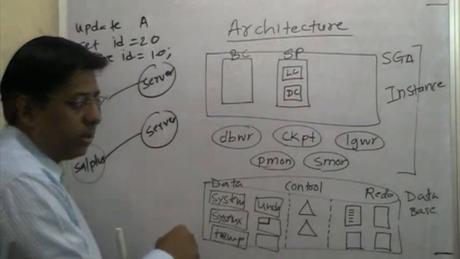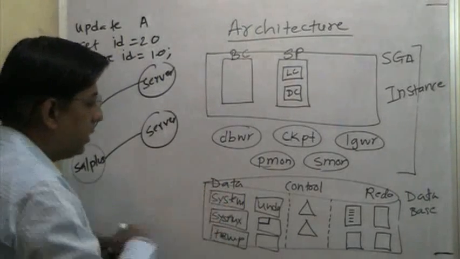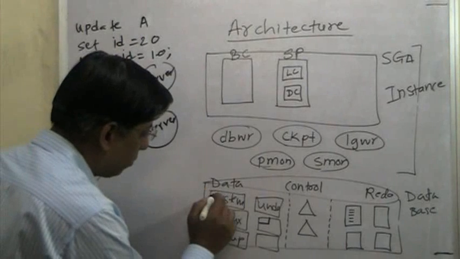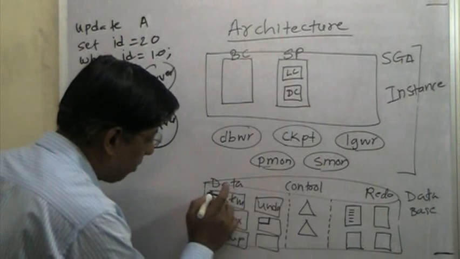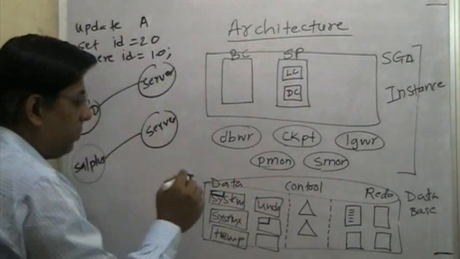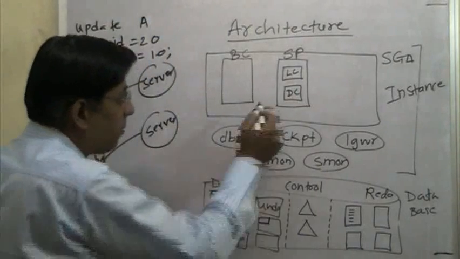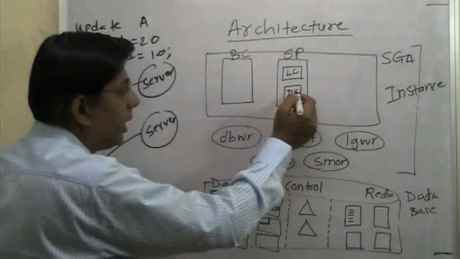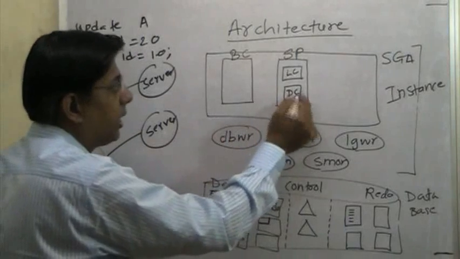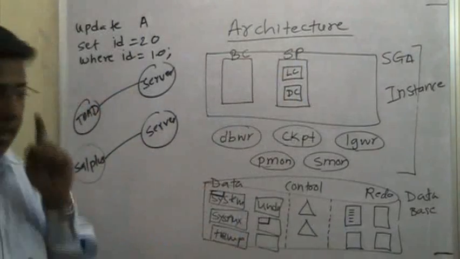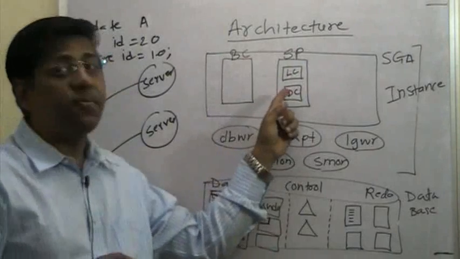Obviously the list of tables and views and everything else is stored inside the SYSTEM tablespace in the data dictionary views. That would be read from there and brought into the data dictionary cache, which is part of the shared pool, if it is not already there.